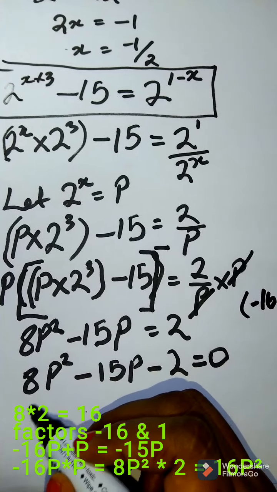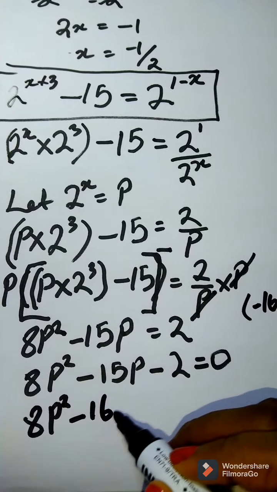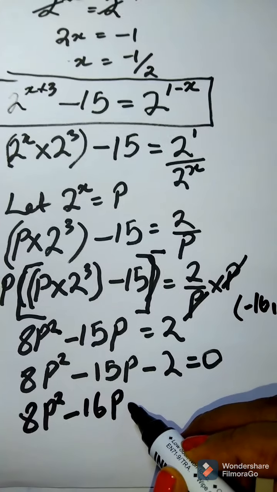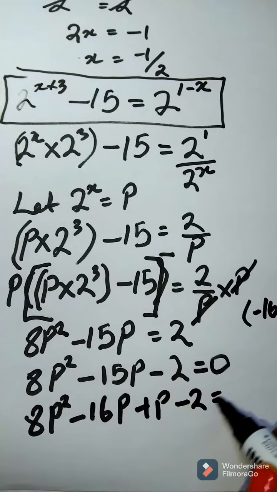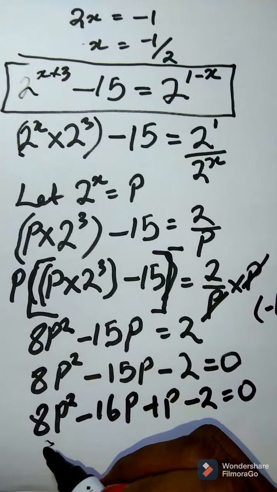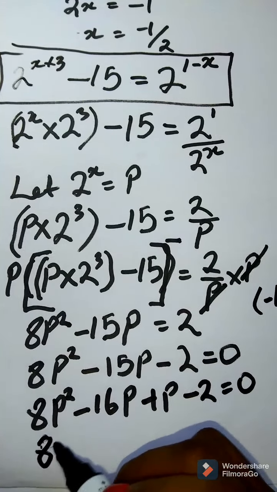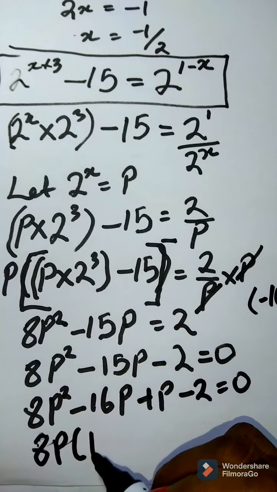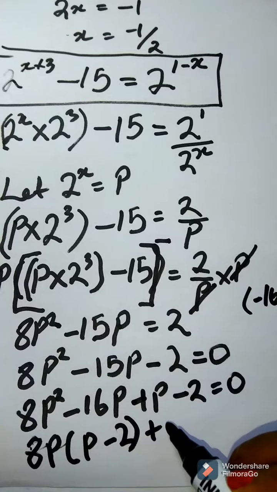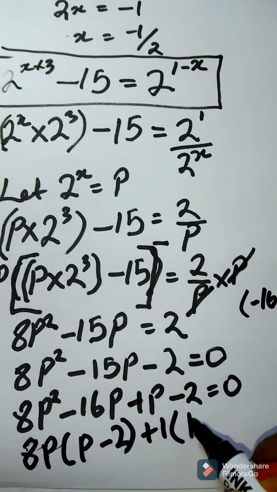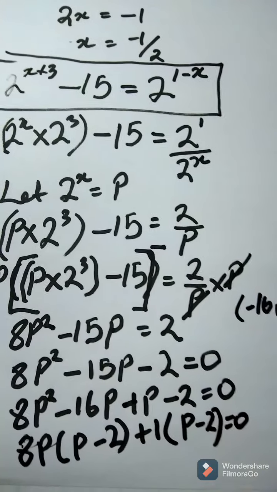So if we substitute here, we'll have 8p squared minus 16p plus p minus 2 equal to 0, okay? So if we remove 8p from here, we'll have p minus 2, while this remains like this, p minus 2. So I can see our factors popping up.